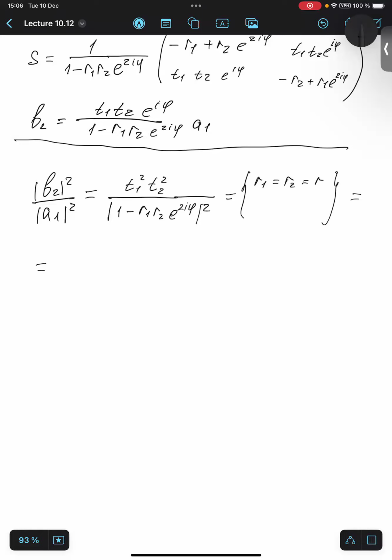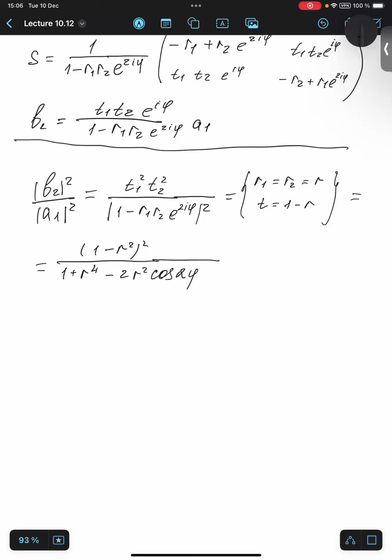What do we obtain? Also, we remember that t is 1 minus r. So here we obtain 1 minus r squared, and here we will open the bracket. So 1 minus r to the power 4, and minus 2 r squared cosine 2 phi.